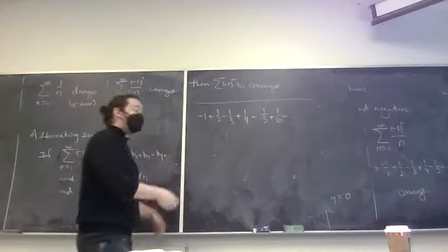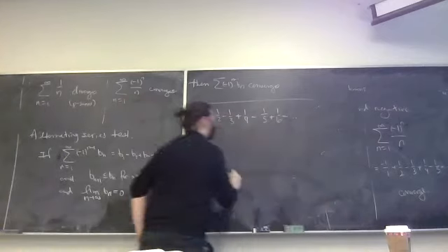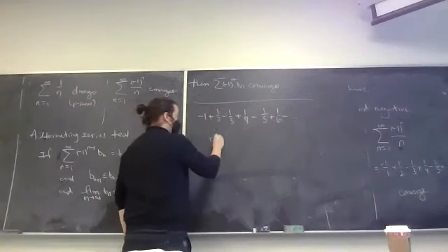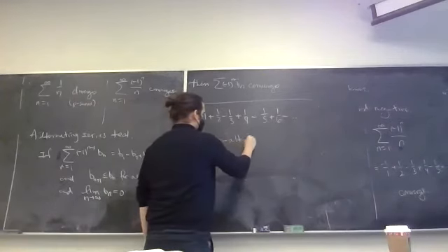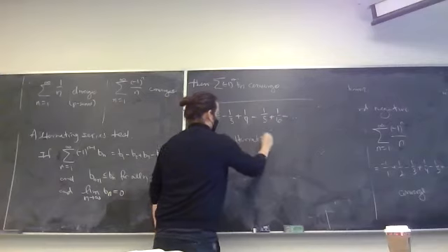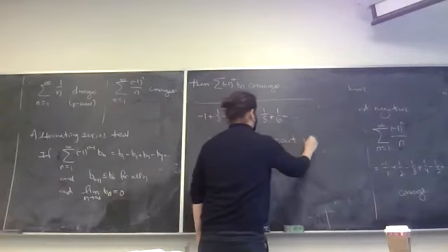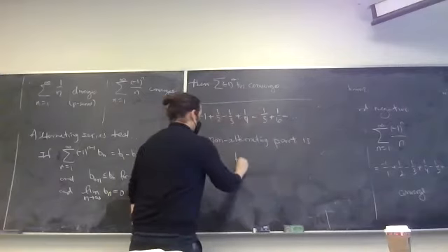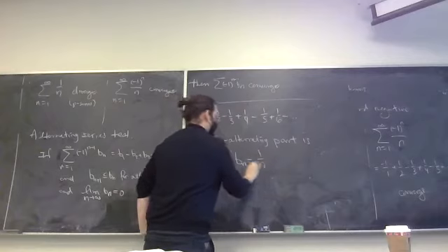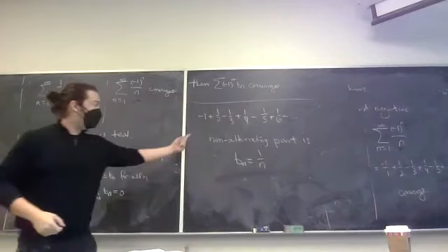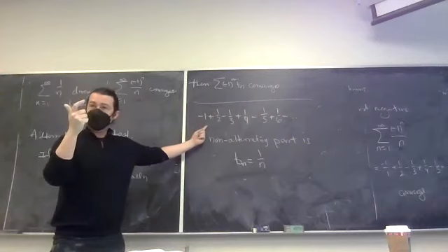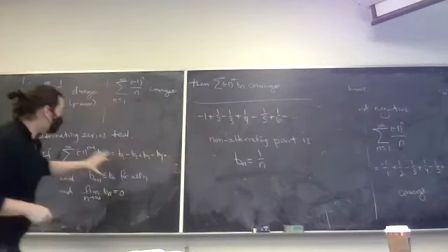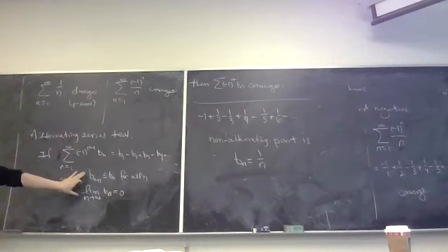So if I take the alternating part out of this, the non-alternating part is b(n) equals 1 over n. It's 1 over n, but flipping signs back and forth. Make sense? When you're looking at the alternating series test, these conditions are checked after you take the alternation out.